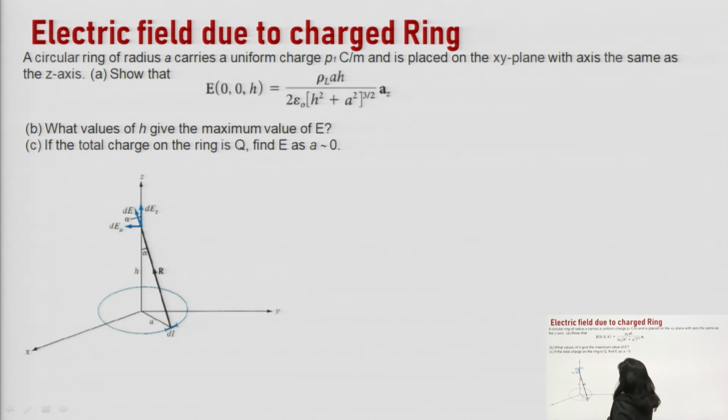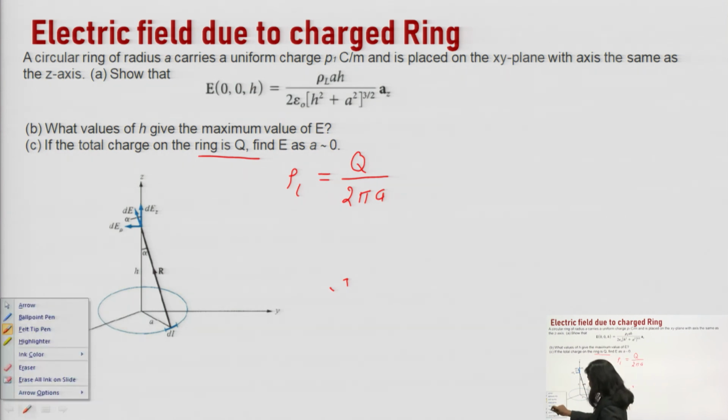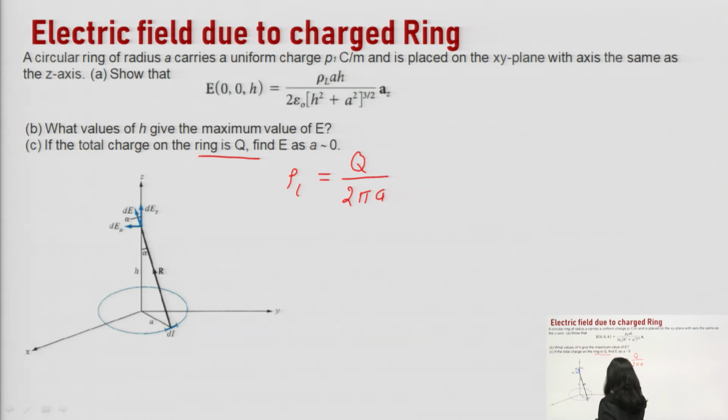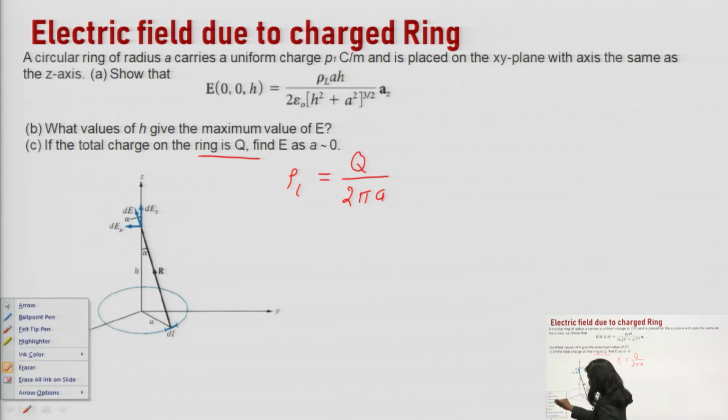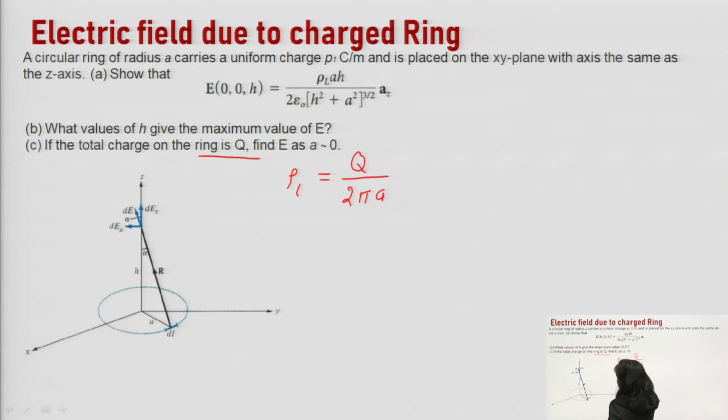Well, if the total charge on the ring is Q, then rho L will be equal to Q divided by the total perimeter of this ring, which is 2 pi A. So rho L will be this. If the total charge on the ring is Q, find E.